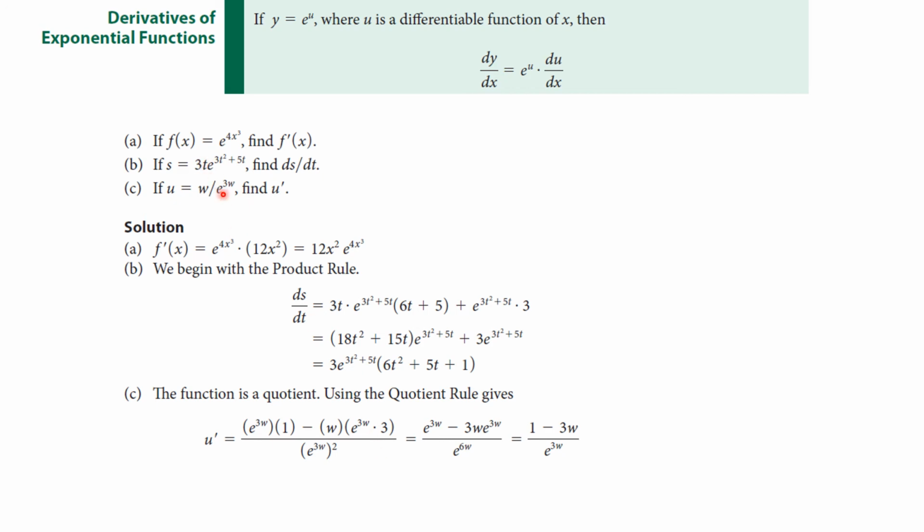Following the exponential rule, it will be e to the power 3w times the derivative of 3w, which is 3, divided by v squared, meaning e to the power 3w whole squared. After simplifying, you will get 1 minus 3w divided by e to the power 3w.